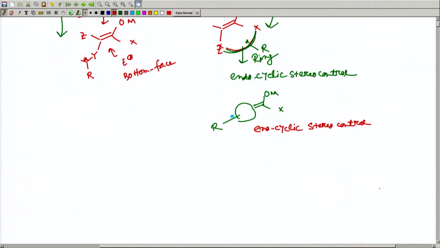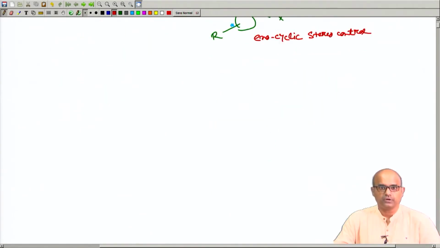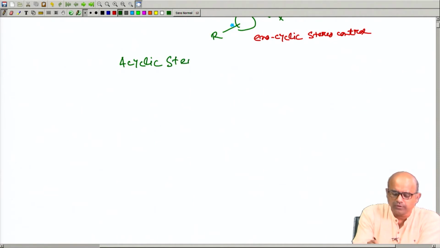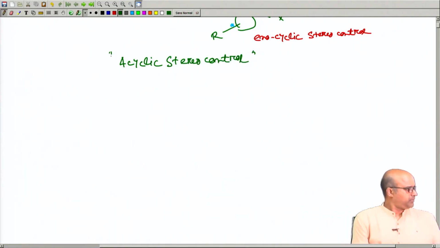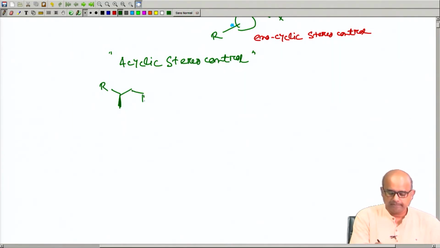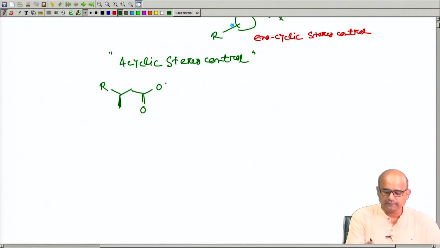Now, first let us start with the acyclic stereocontrol. In the acyclic stereocontrol, as we talked about, we will first try to give you a very well known example of a system where you check a compound whose structure is this.